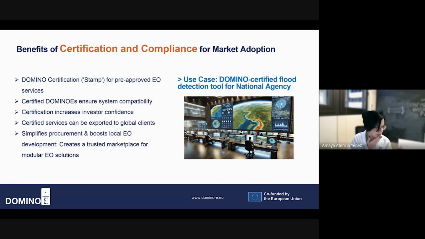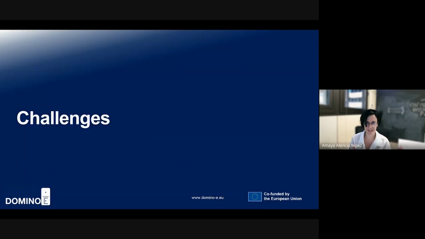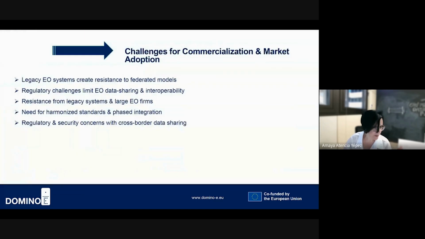Could you move to the next one, please? Which are the challenges faced in order to get to this interoperability, federation, standardization, and market adoption? We can see in the next one that there are different challenges.